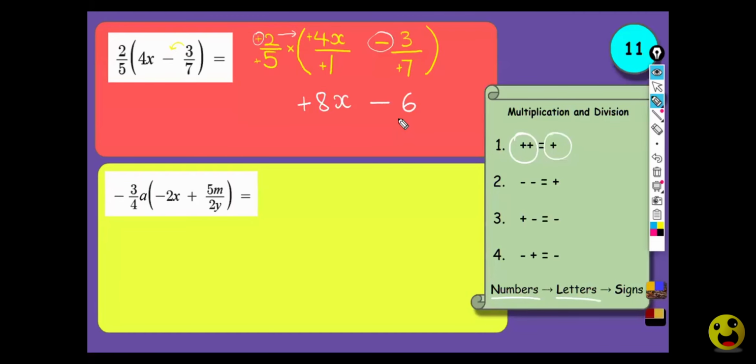We've only finished with the top. We still have to multiply the underneath now. Take the 5 and multiply it by everyone underneath. Right, let's move to the underneath now. We're restarting the numbers, letters, and signs.